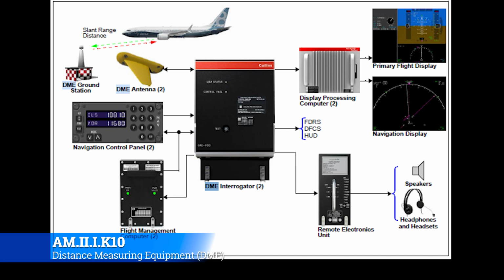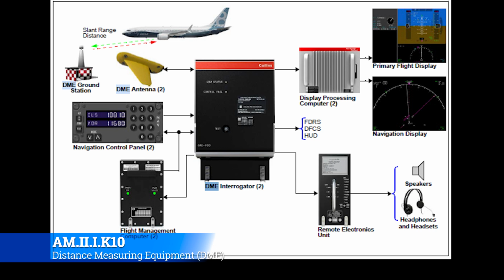That's going to come down to your FMC, and then it'll also kick out a signal to all your different digital flight control units, your DPC2, your HUD, all of that stuff, and also the DME has a two-tone Morse code tone. It's going to go to the REU and then out to the speakers and to the headphones, headsets, and stuff like that.